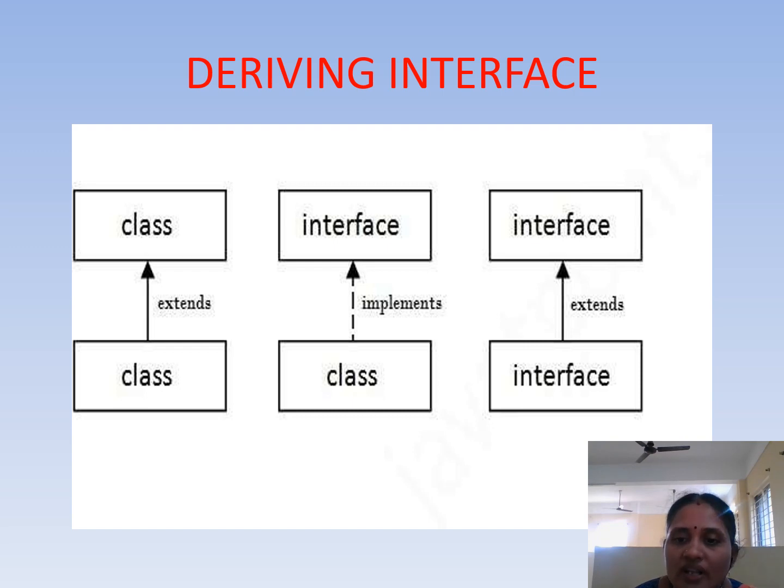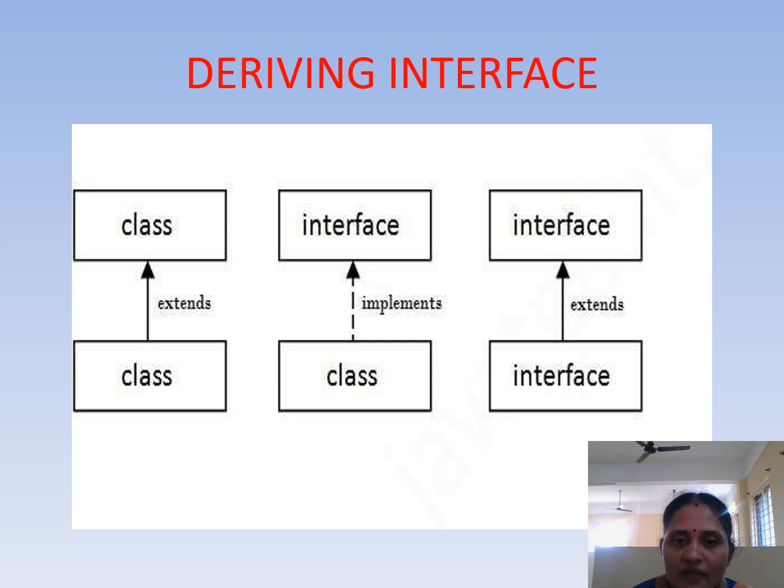So how to derive the interface? If we are creating more classes from one class, we use the extends keyword. That is, a base class is there, and from that we create a new class using the extends keyword. And if we want to create one interface from another interface, here also we use the extends keyword.